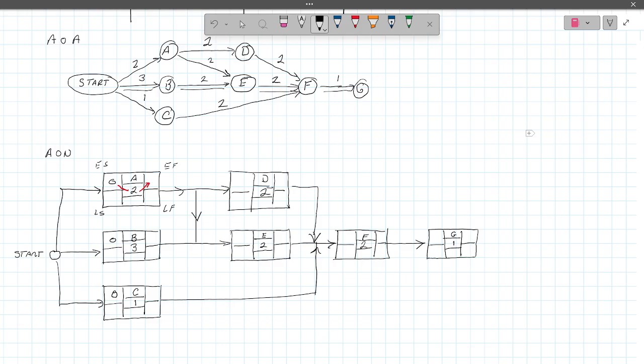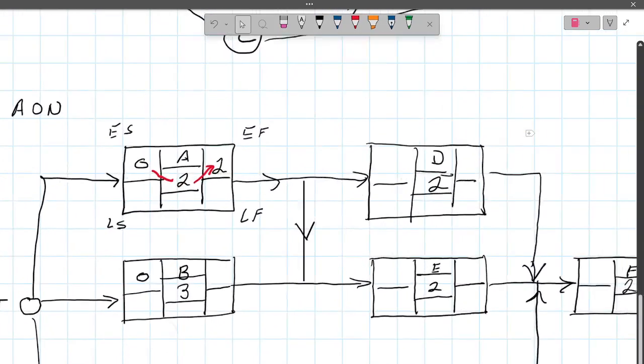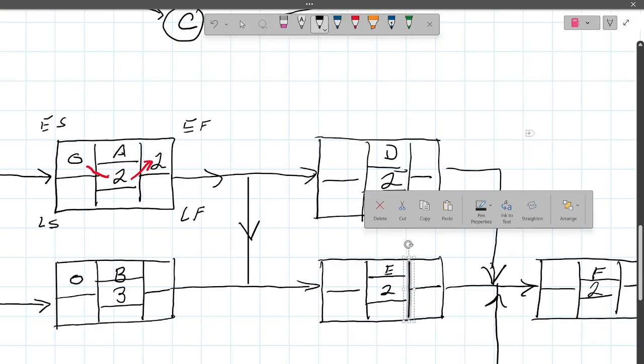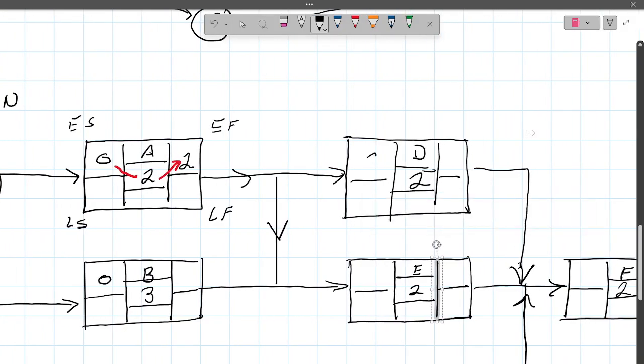So our early finish is 2. Okay? All right, so we move on to D, because D is preceded by A. So the earliest you can start D is at 2 weeks. I'll start using the term weeks with this just to make it make sense.